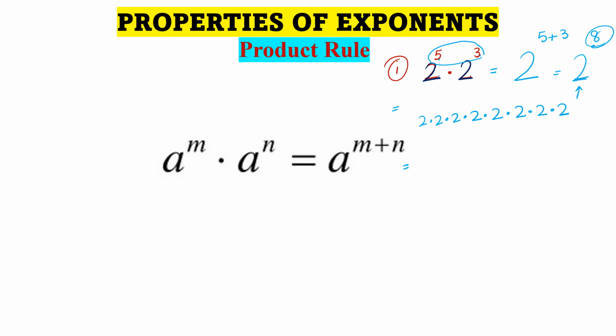And if they ask you to simplify, then multiply. How do we multiply? We multiply one by one. 2 times 2, 4. 4 times 2, 8. 8 times 2, 16. 16 times 2, 32. 32 times 2, 64. 64 times 2, 128, and 128 times 2, it will be 256.